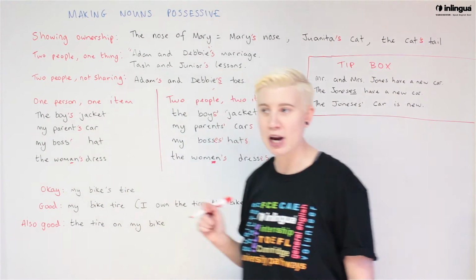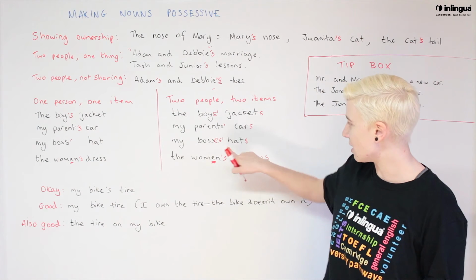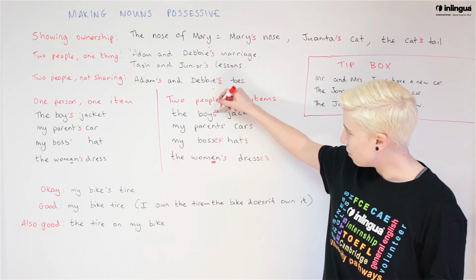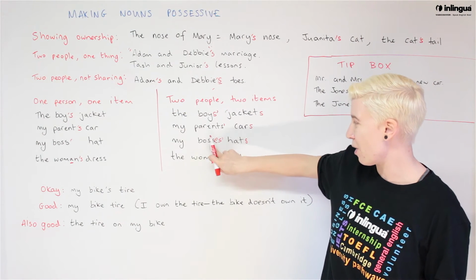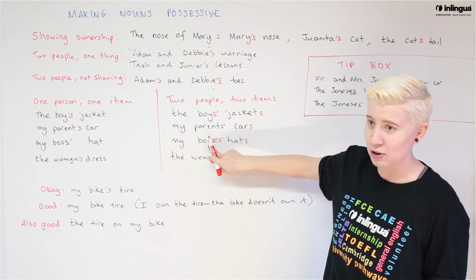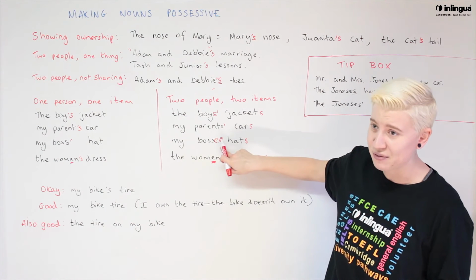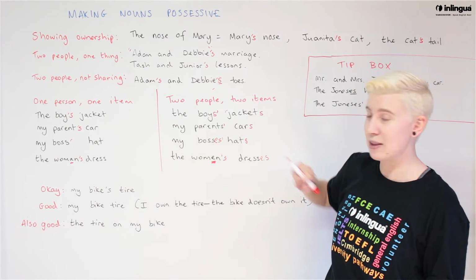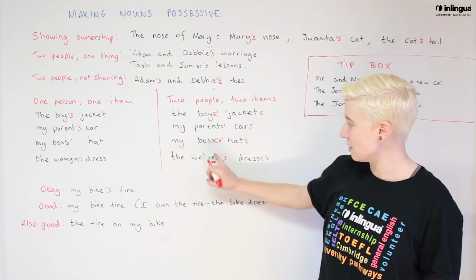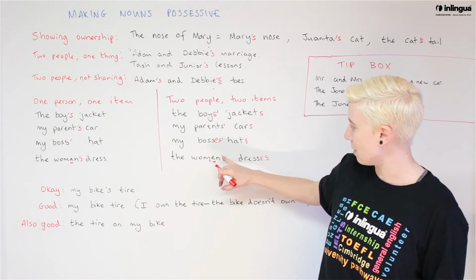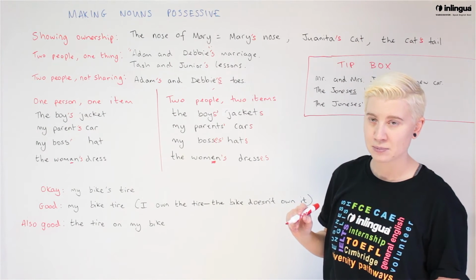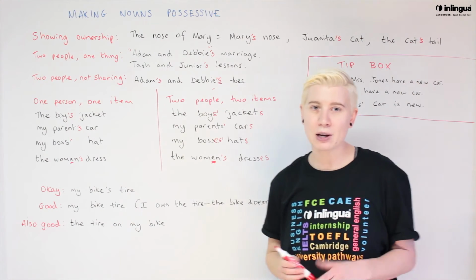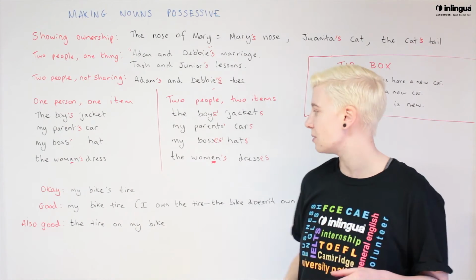The word has actually changed the spelling, so it doesn't end in an S. If we've got a word ending in an S, you can just add your apostrophe. If we've got the double S and you want it to be plural, you have to add the ES first and then the apostrophe. But when your word is already a plural, you can just add apostrophe S, the same as you would do for a singular.